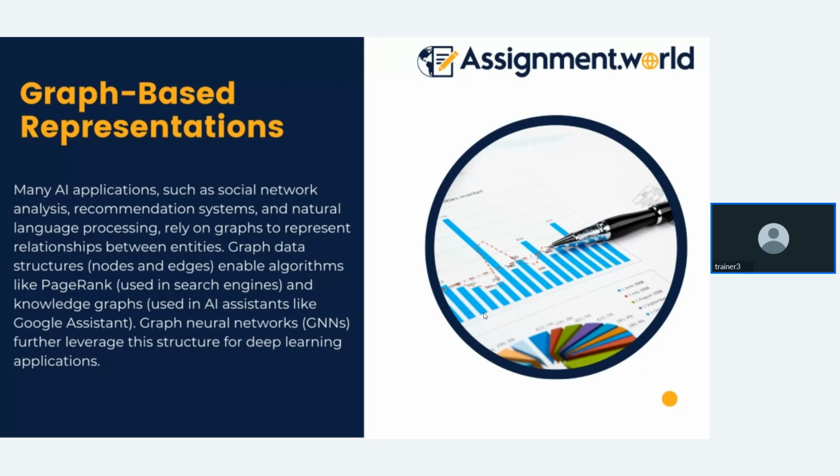Graph data structures, which contain nodes and edges, enable algorithms and knowledge graphs, PageRank. Don't worry, these are all not important. It includes various algorithms that help us perform the task efficiently.